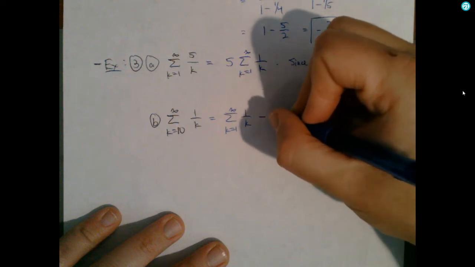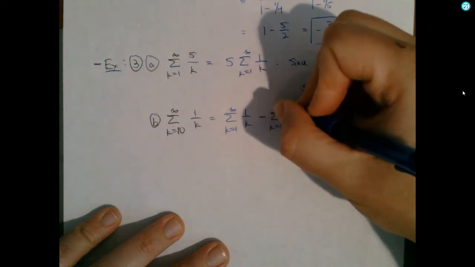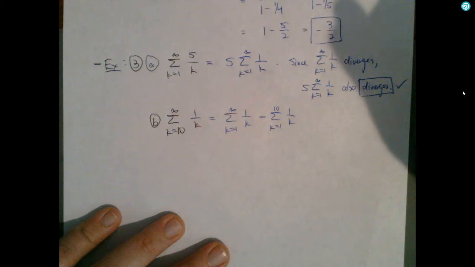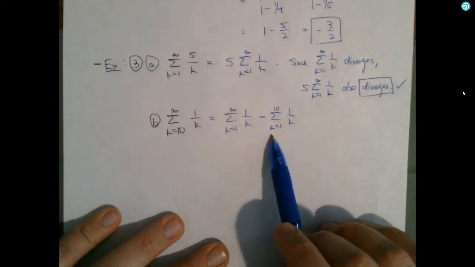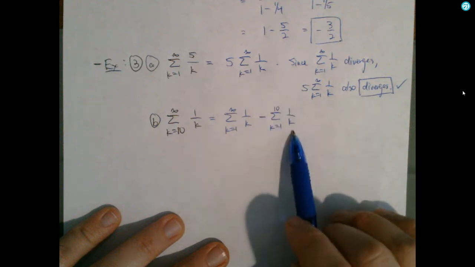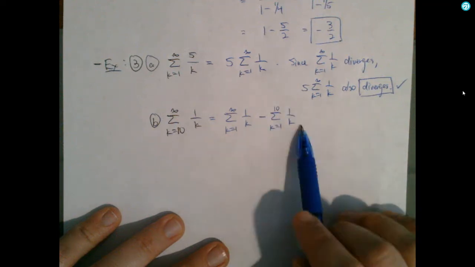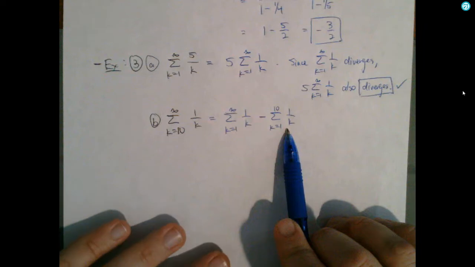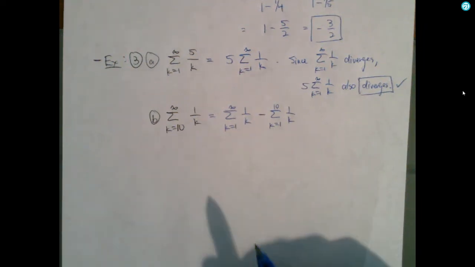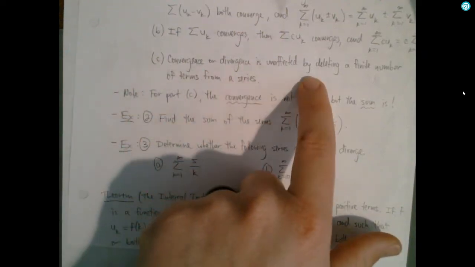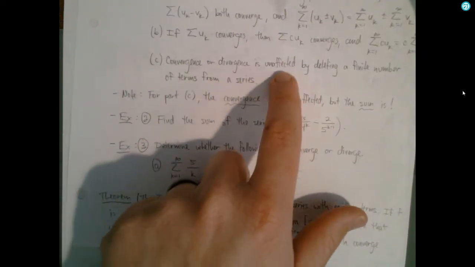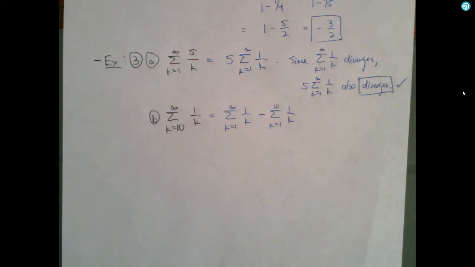So I suppose we could write that like this, minus the sum from k equals 1 to 10 of 1 over k. And so we've taken a divergent series and we've removed a finite number of terms from the series. But when you remove a finite number of terms, that doesn't change it, right? This is by theorem 9.4.3 part C. Convergence or divergence is unaffected by deleting a finite number of terms.